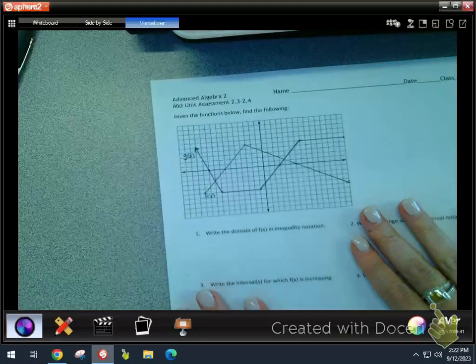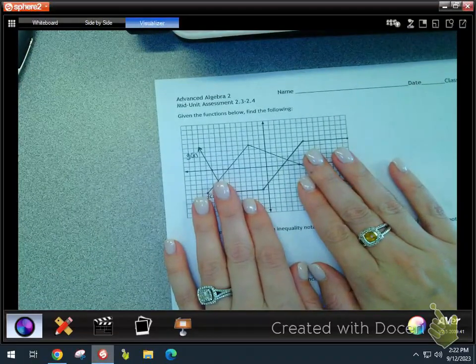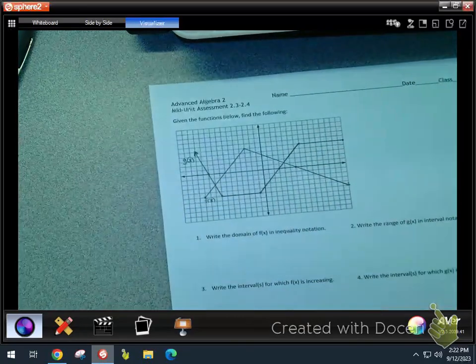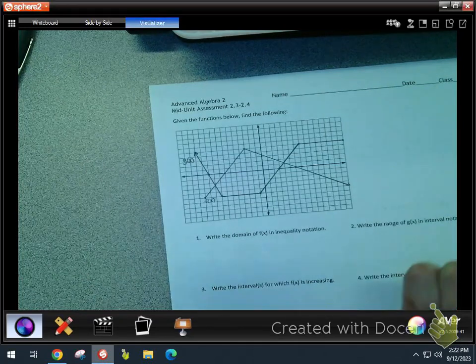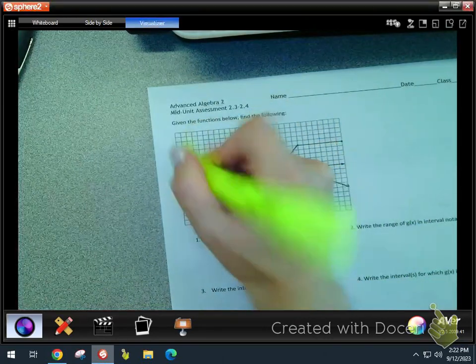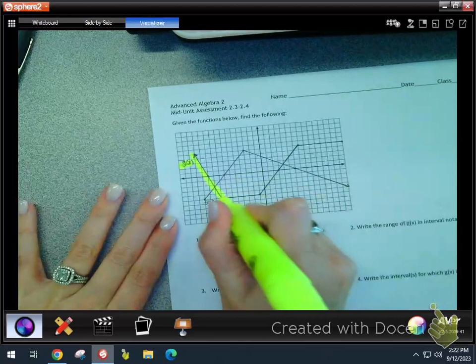My suggestion, there are 2 graphs on 1. It's highly likely that you will see something with 2 graphs on 1 again, okay? Suggestion here, with your highlighter, which you can borrow on the test if you need one of mine, if you happen to see this again, is I would highlight one of your functions so you can really differentiate between the two.